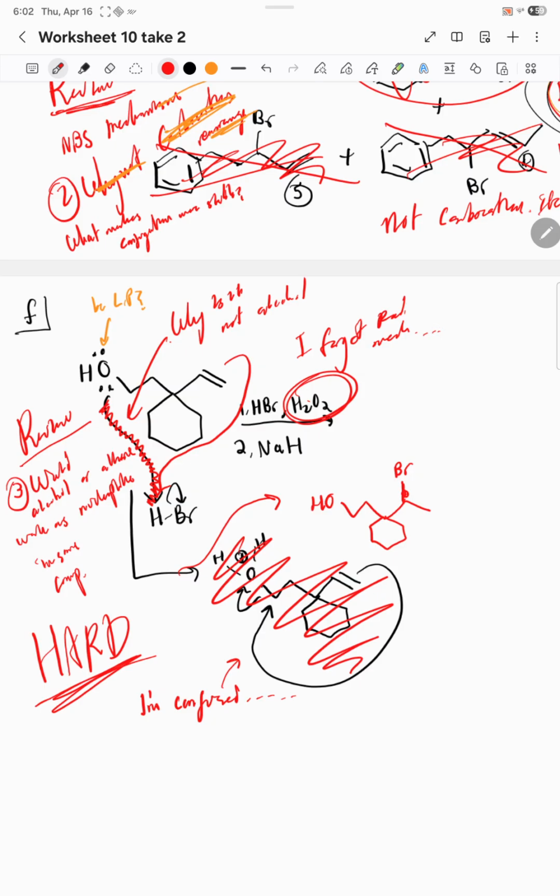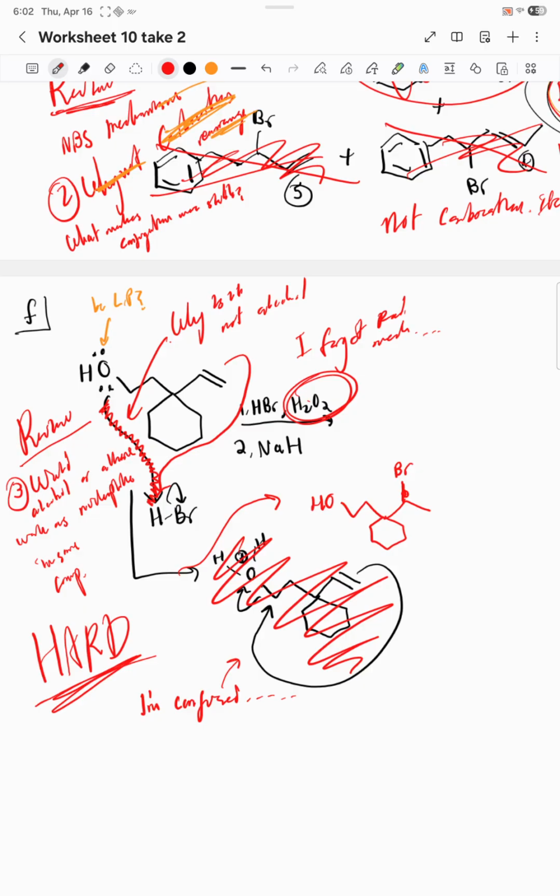So the first question was: why would the alkene take precedence as nucleophile over the alcohol when both are attached to the same compound? And explain with pKa.